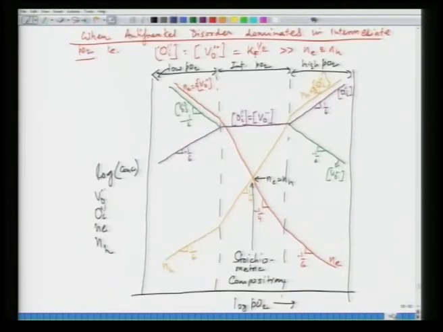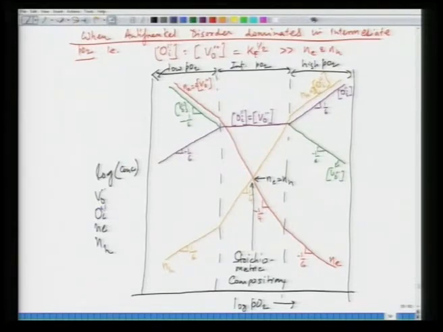On the contrary, if you have anti-Frenkel disorder which dominates in the intermediate PO2 range, then the intermediate pressure state is governed by OI equal to VO, and then you extend OI and VO into high and low pressure regions according to the expressions that we worked out previously.